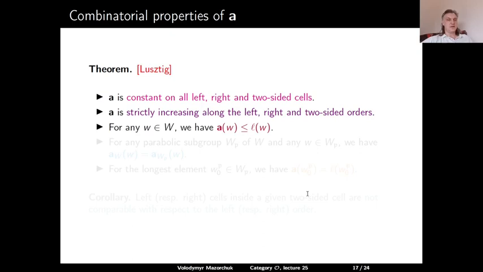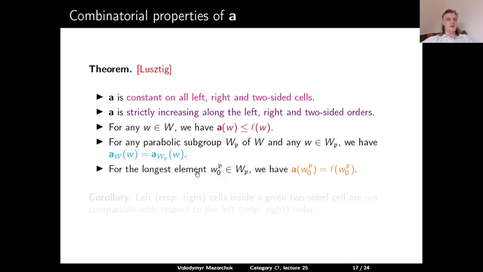For any element W in W, the value of A at W is at most the length of W. For any parabolic subgroup WP of W and any element W in WP, the value of the A function with respect to W and W is equal to the value of the A function with respect to WP at W. And for the longest element of a parabolic subgroup, the value of the A function at it is equal to the length of W0P.